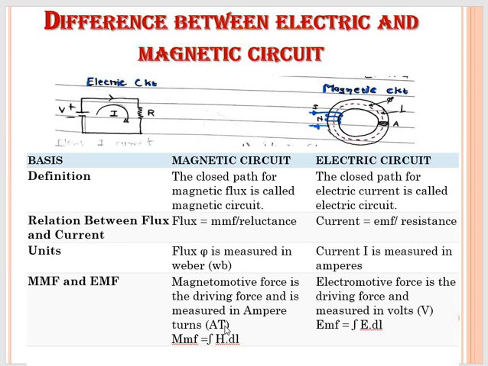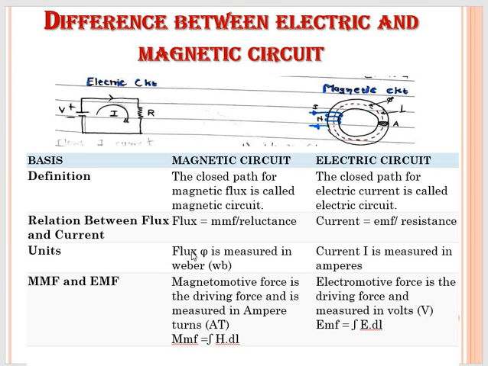MMF is given by the closed integral of H dot dl, where H is the magnetic field intensity. Electromotive force is the driving force and is measured in volts. EMF is given by the closed integral of E dot dl, where E is the electric field intensity.